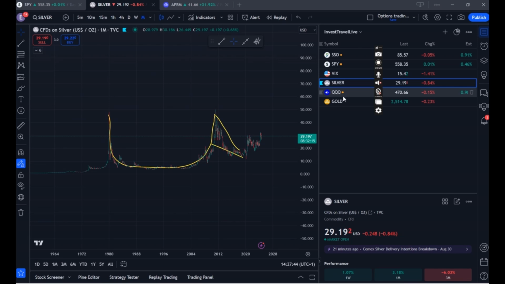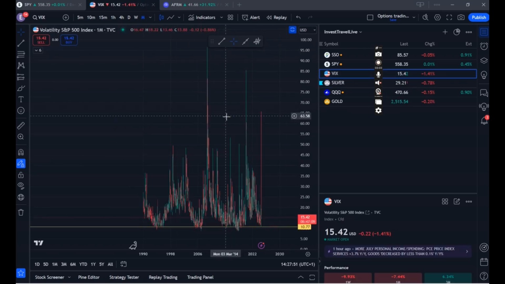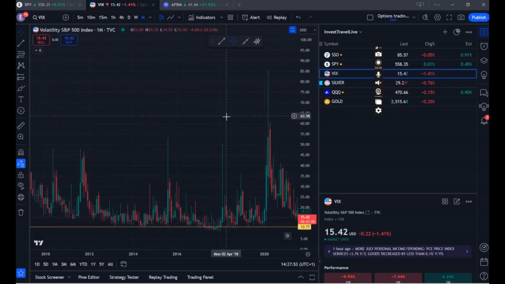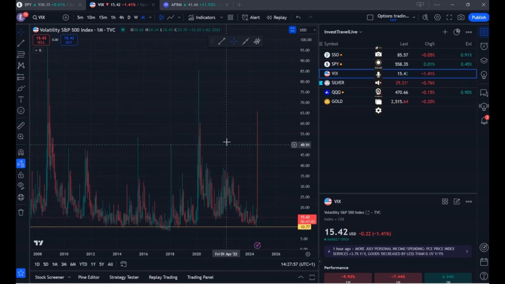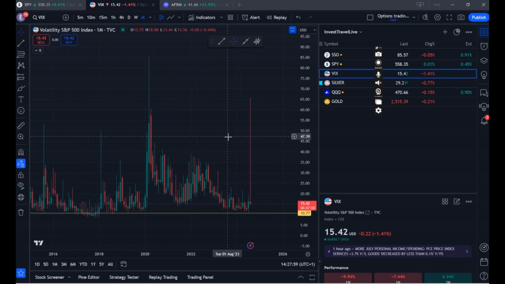Another great way to protect yourself is by holding VIX. For those who don't know, VIX is the fear volatility index.